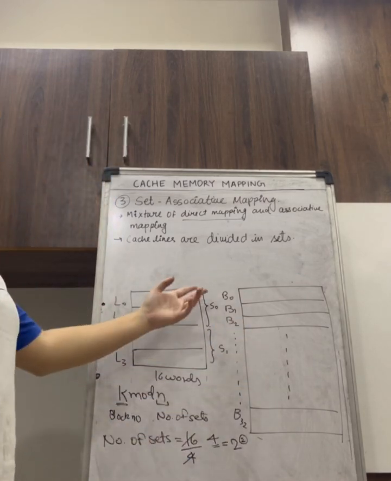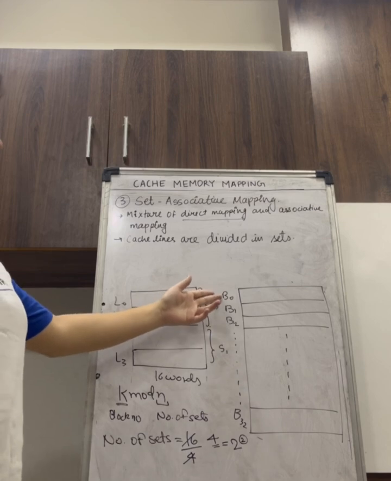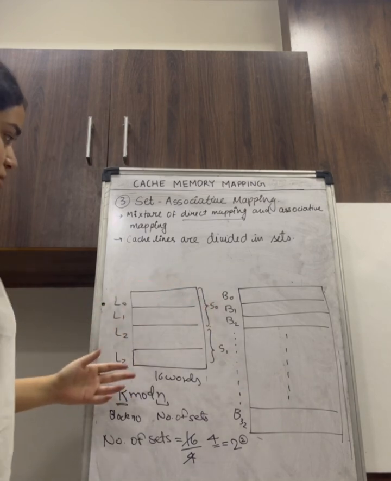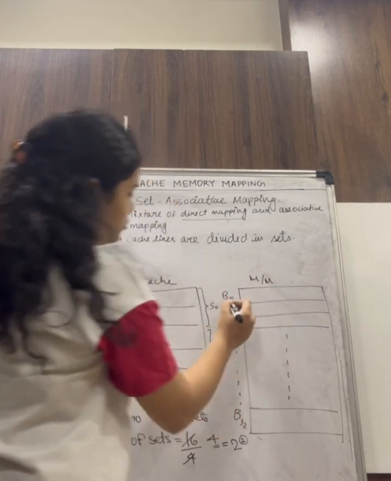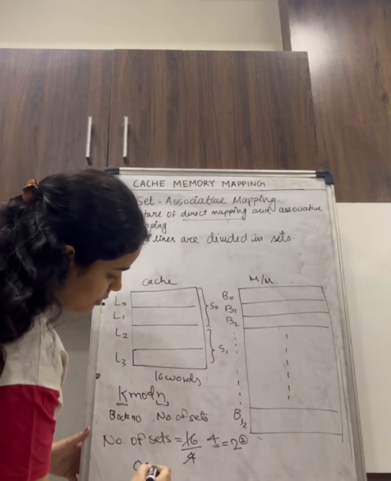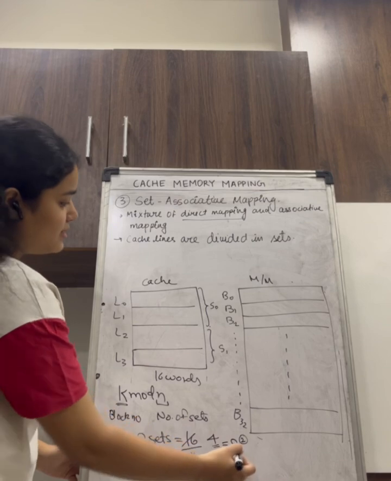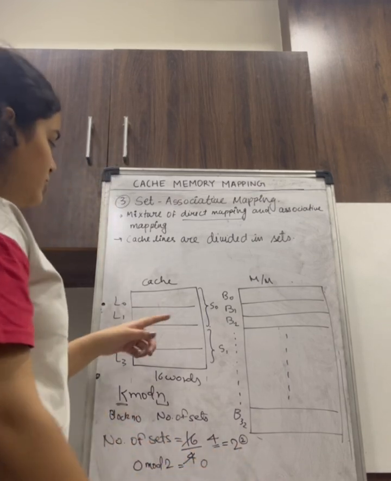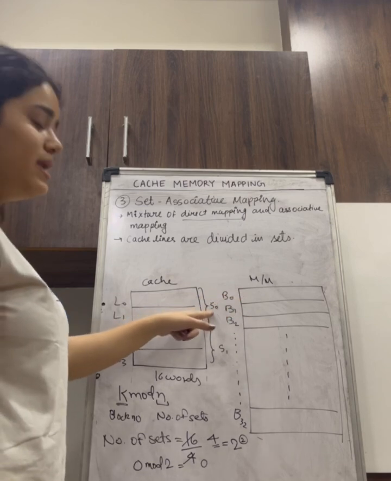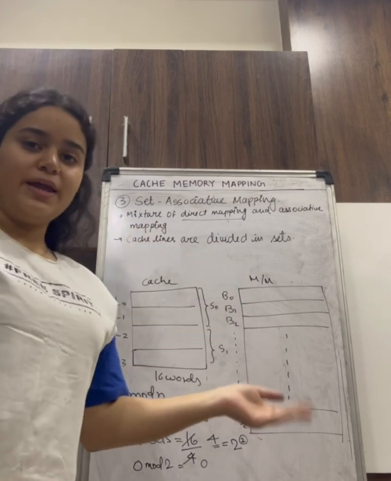Let's suppose we have to map B0 in this cache. So 0 mod the number of sets, which is 2, gives 0, which means we have to map B0 in S0. This is the concept of direct mapping.